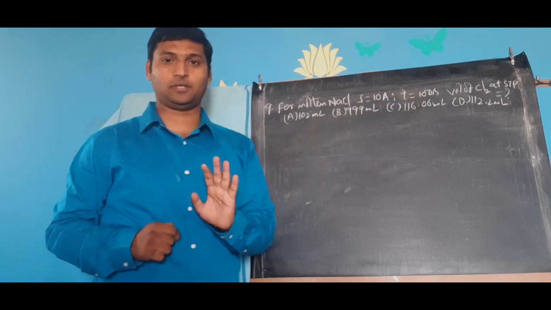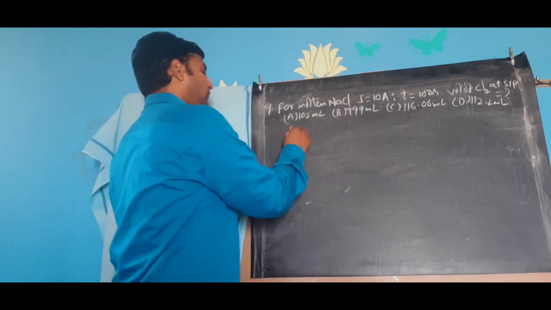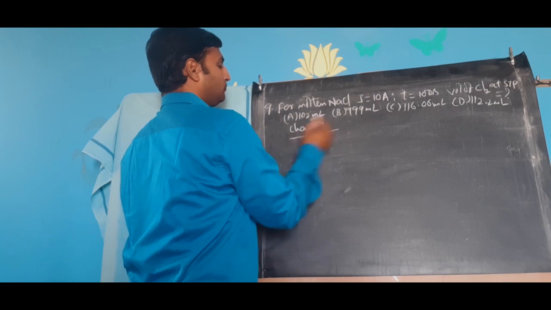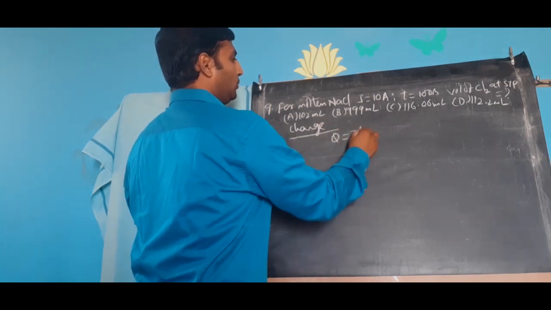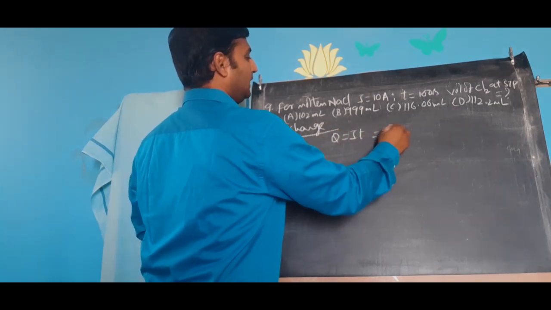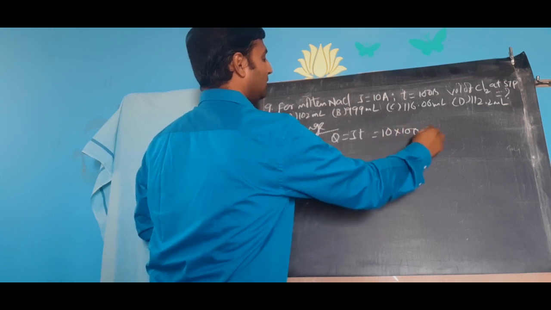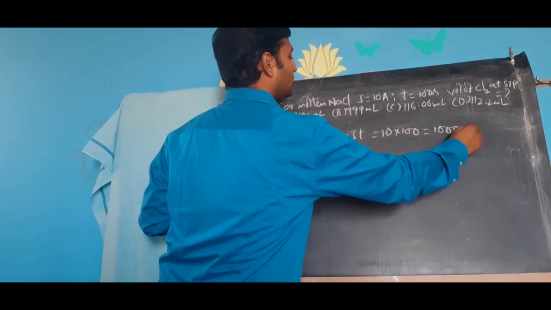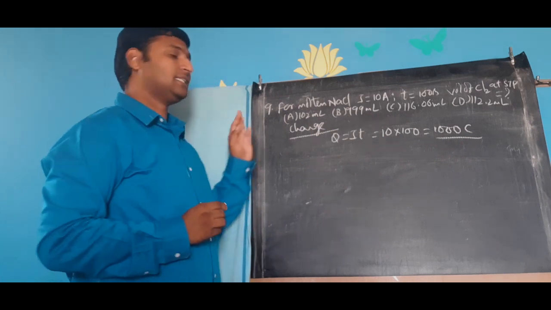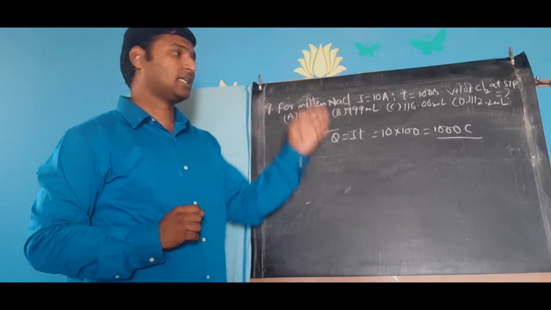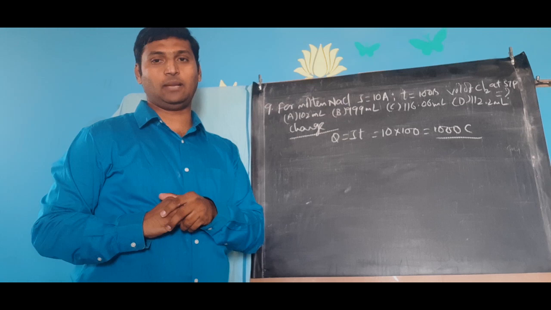Current and time are given. Again, first find the charge. Q is equal to I into T, that is 10 into 100, that is 1000 coulombs. So he has supplied 1000 coulomb charge and asking us what volume of chlorine is liberated at STP.